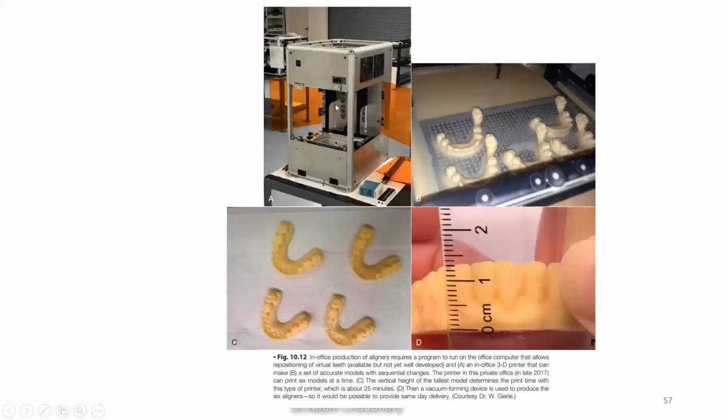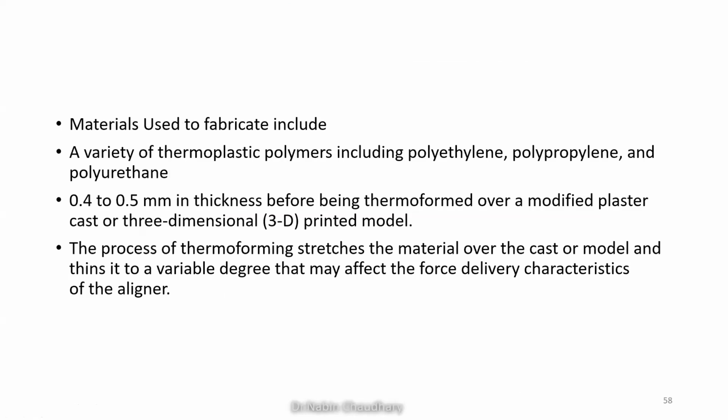This is the 3D model printer, and it will be used for the production of the stereolithographic model. In this stereolithographic model, we can fabricate the clear aligners. The materials used for the production of clear aligners include a variety of thermoplastic polymers, mainly polyethylene, polypropylene, and polyurethane.